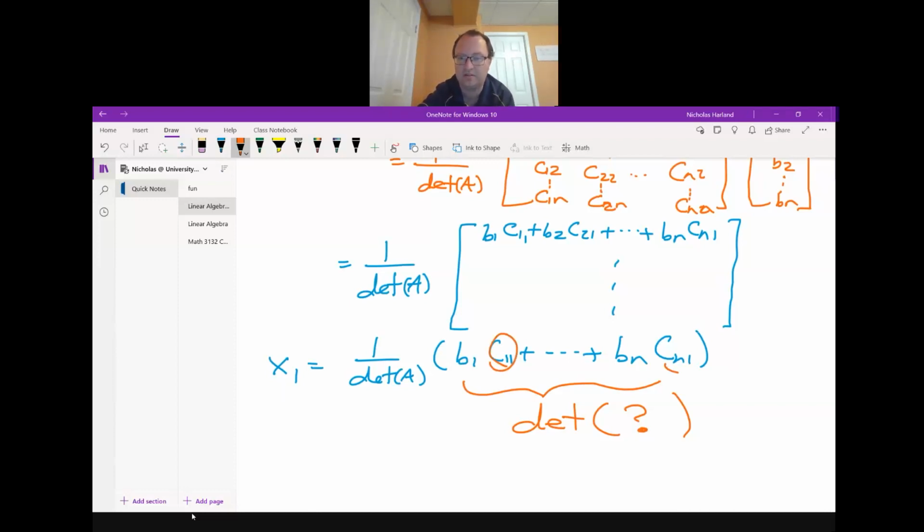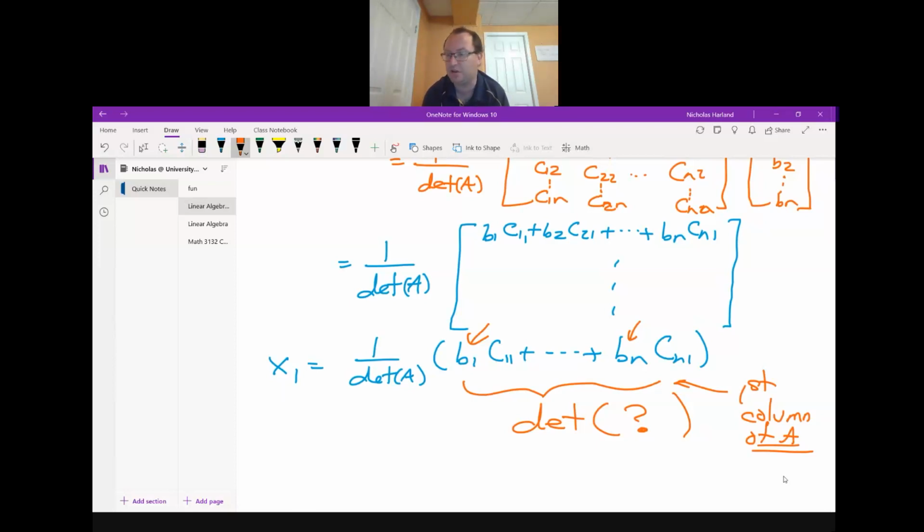The cofactors going down here are the cofactors of the first column of A. However, the B's are not the first column of A, but the cofactors are.